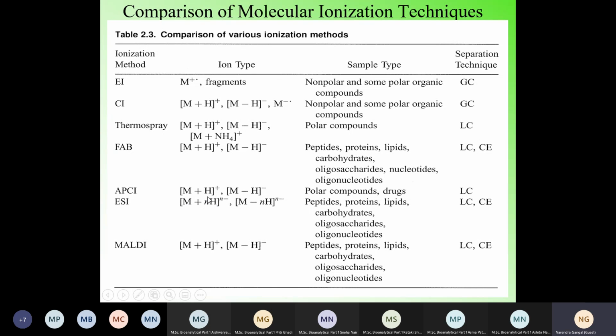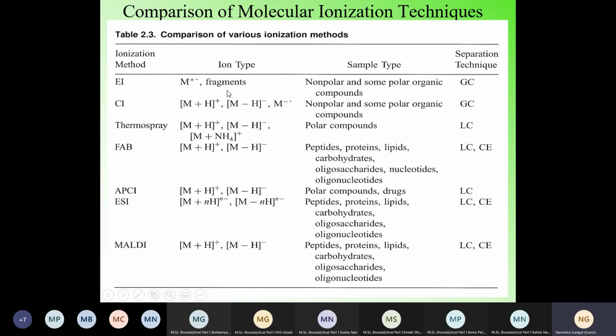In APCI and ESI I can use LC, and again capillary electrophoresis. MALDI is generally a standalone technique, though in rare cases LC or CE has been used. MALDI and FAB are used for very high molecular weight compounds which are not easily chromatographable.